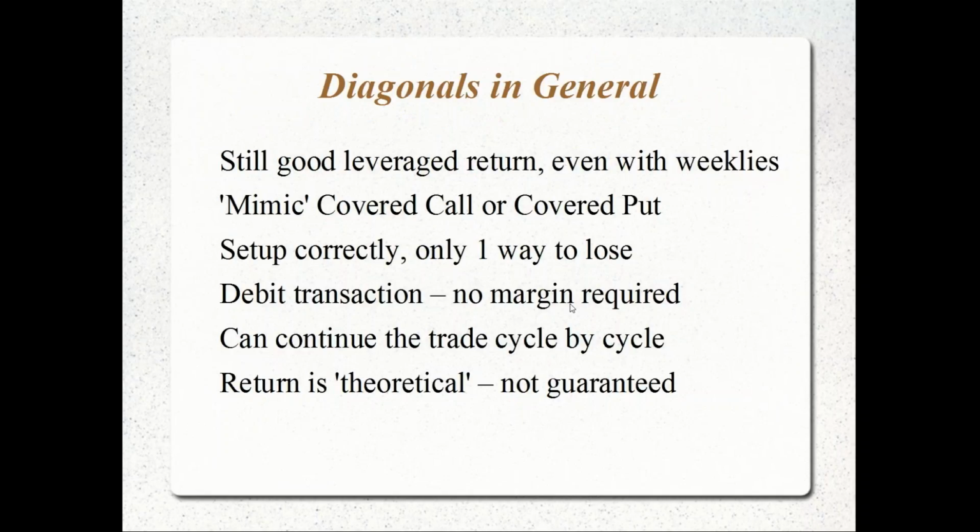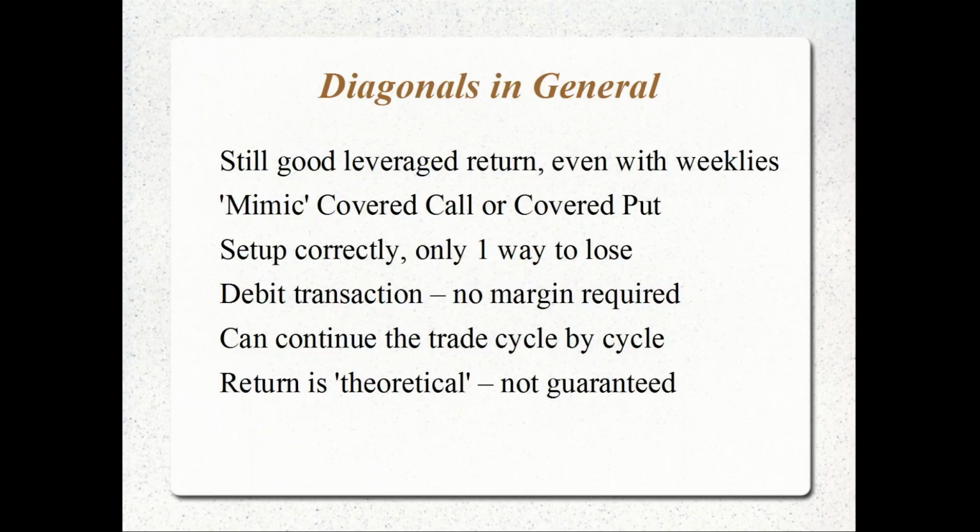Some investors treat the diagonal spread as a way to mimic a covered call or a covered put. Why buy Apple at 138.50 and sell the 139 call when I can buy an in-the-money 130 call for $9 or $950 for one contract instead of spending $13,850 for 100 shares? Set up correctly on the diagonal, there's only one way to lose based on the market sentiment if you do a calendar call or a calendar put, whether you're neutral to bullish or neutral to bearish.